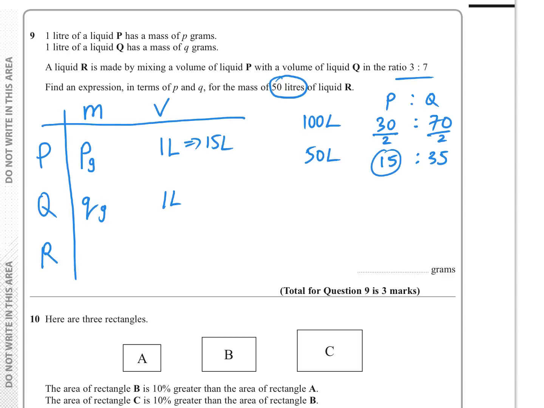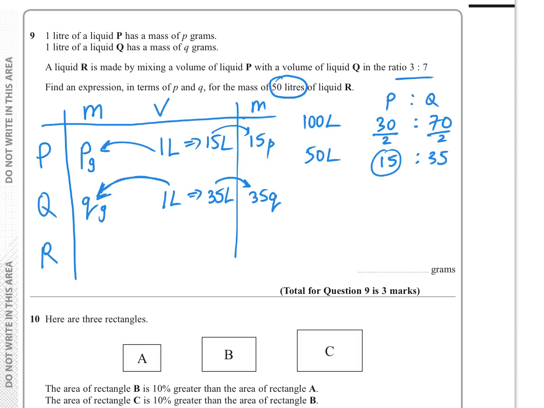So what we can say here is that if we wanted 15 litres of liquid P, then we'd have 15p in terms of the mass required. Because if 1 litre was just P grams, then 15 litres would be 15p grams. And likewise, if we wanted 35 litres of liquid Q, then if we know 1 litre was Q grams, then 35 litres would be 35q grams.